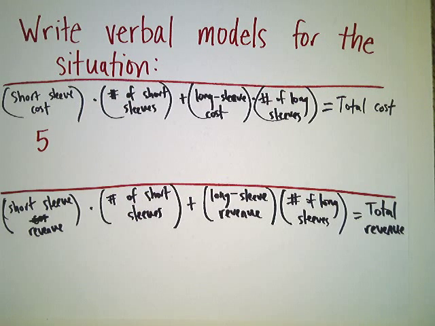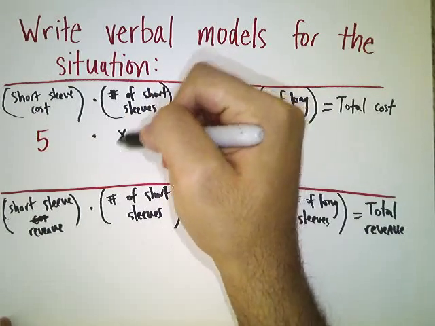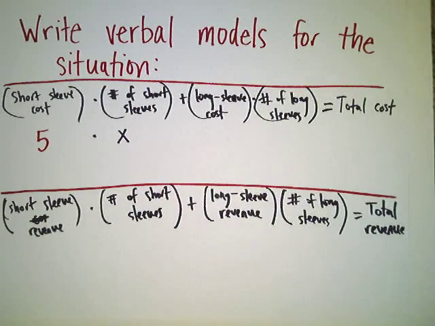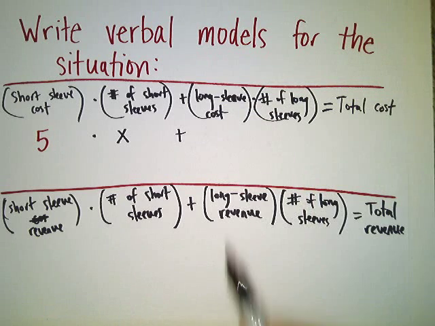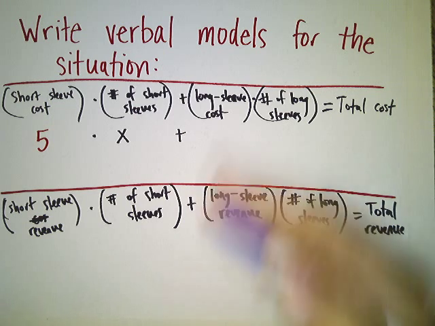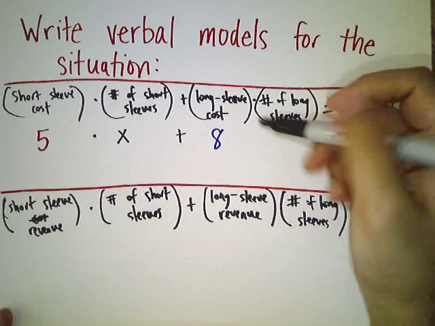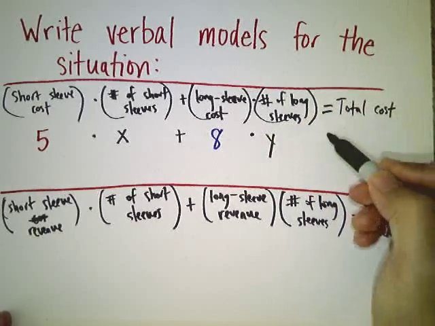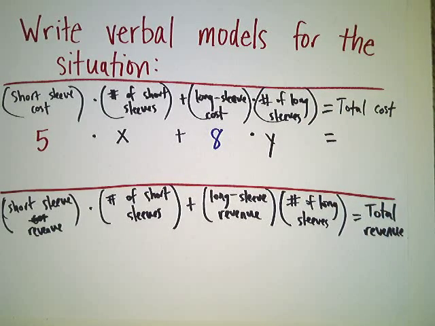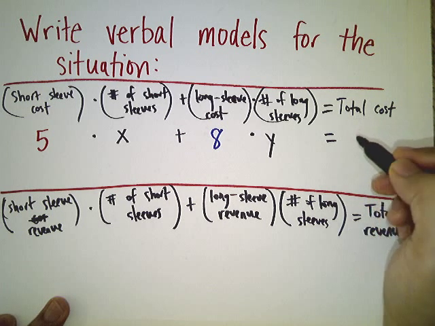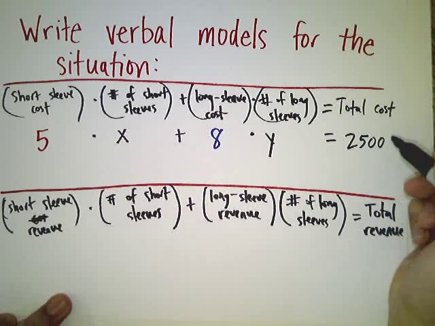The number of short sleeves, we don't know, so we'll leave that as X, so 5 times X. The cost of each long sleeve shirt was $8, but again, we don't know how many long sleeve shirts were sold, so we'll leave that as Y. And that equals a total cost of $2,500.